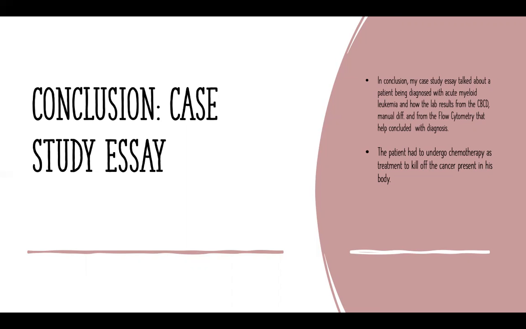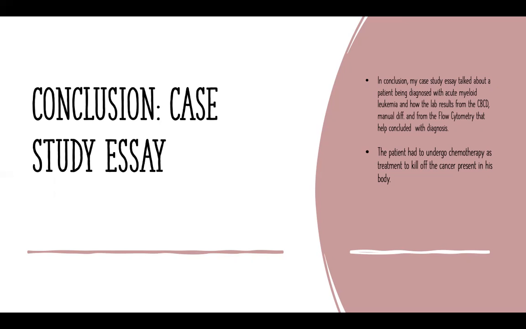And because of the leukemia and the NPM1 mutation, the cells were not able to function properly, which started to affect the body. That's probably the reason why the patient started to have difficulty breathing and his lungs not fully working the way that they needed to work.